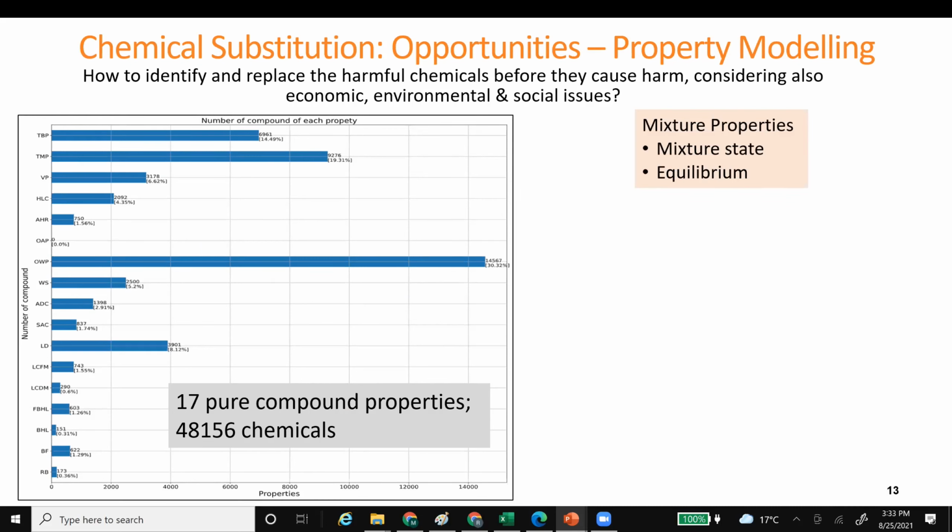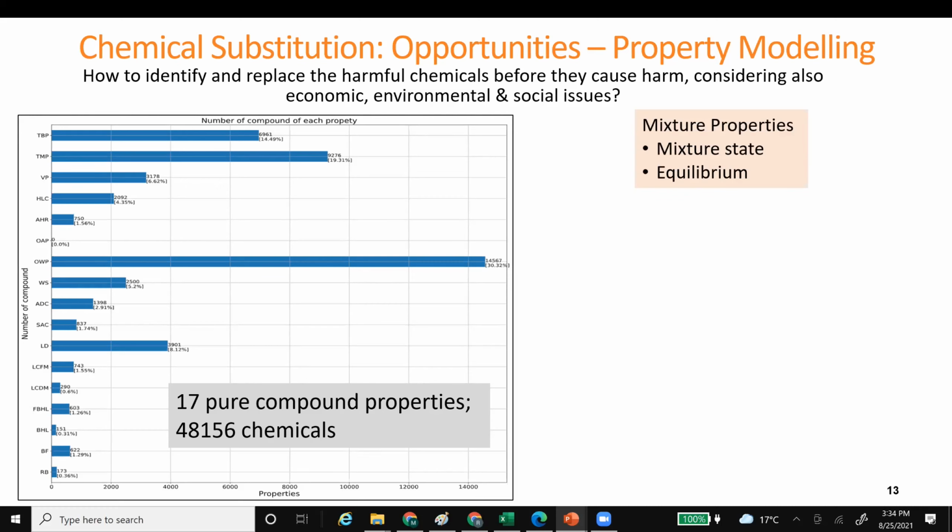That is around 15,000 chemicals, and that covers around 30% of the database. If we compare it with the water solubility, that has around 2,500 chemicals, just one below the octanol water partition coefficient, and only about 5% of the chemicals are covered.